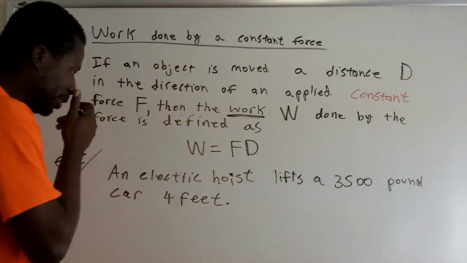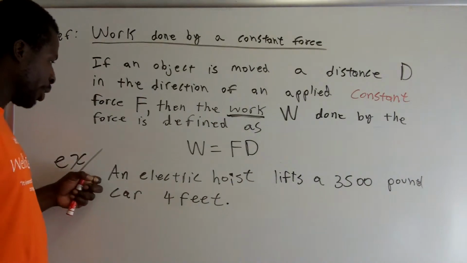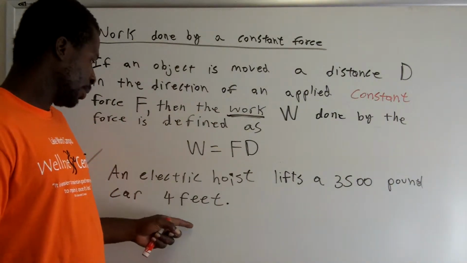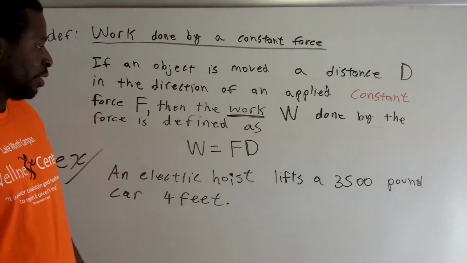So we have this hoist, an electric hoist, and it's lifting this car. It's lifting the car 4 feet off the ground. And the question is, what is the work done by this force over this distance? What is the work done by this constant force?